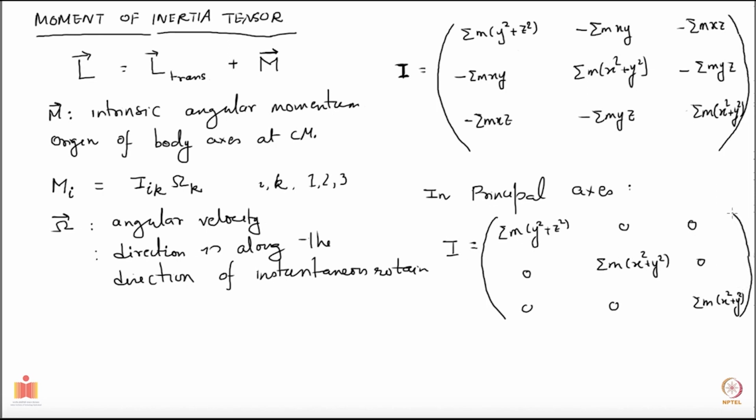This is what you're going to get. I hope there is no confusion that this entry, or whatever you get here, and whatever you have here, will be different. These are completely different quantities. Let me just write it down to be sure that there is no confusion. Your x, y, and z are with respect to the principal axis.